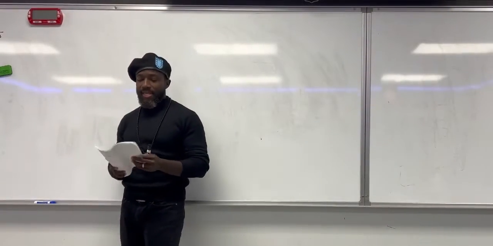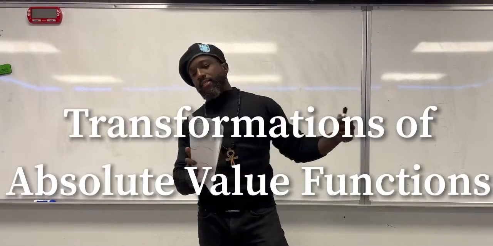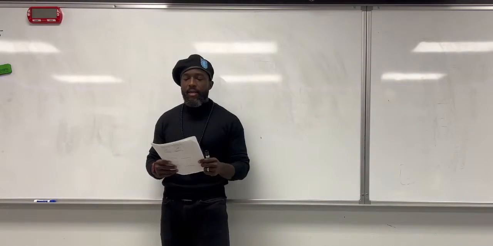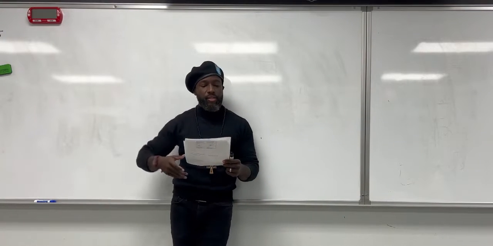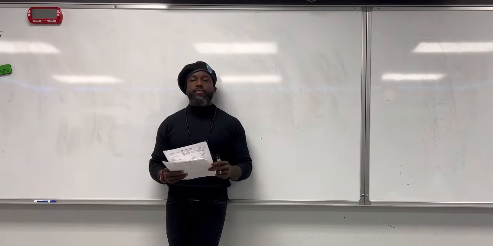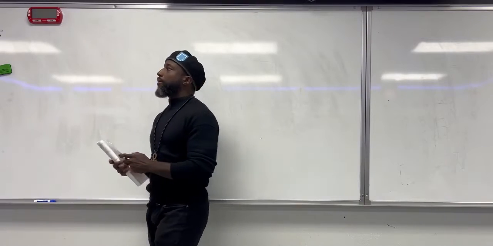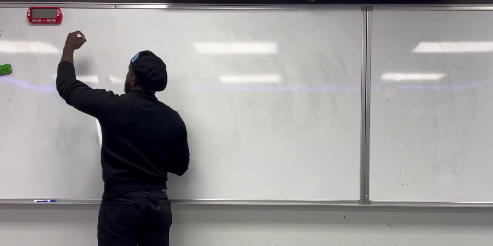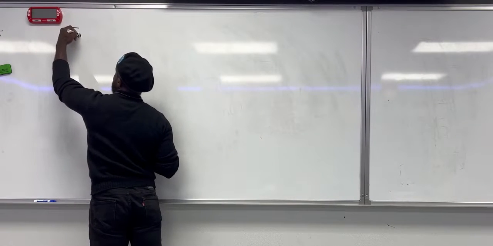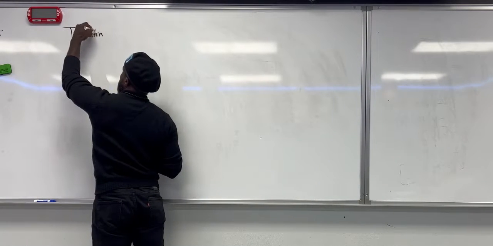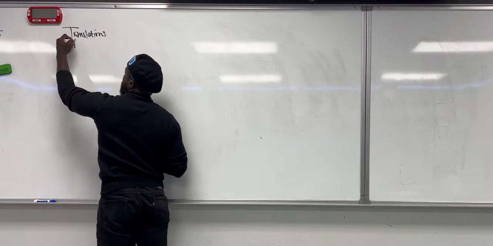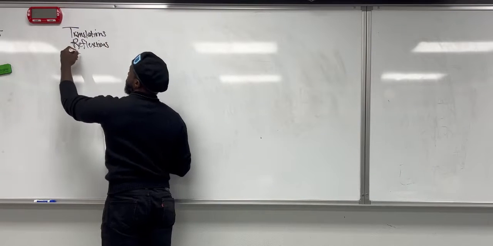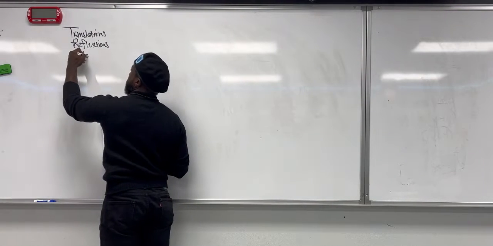It's Mr. Do the Math, and today we're going to talk about transformations of linear and absolute value functions. We've already talked about it, but we're going to dive deeper into all of our transformations. We're going to focus on four transformations: translations, reflections, and dilations.